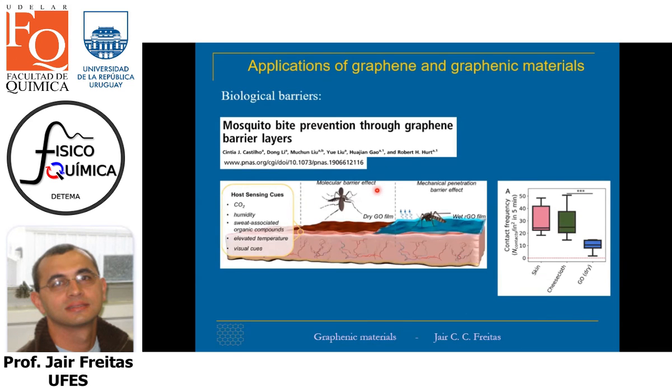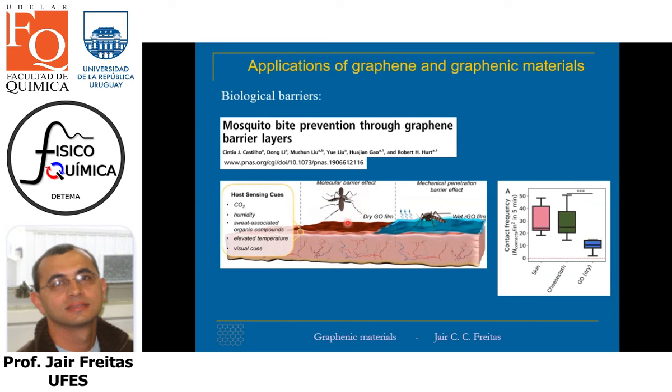This is a different type of application. It's an important application, especially in the region of Brazil where I live. There are a lot of mosquitoes over there. And these authors here showed that graphene oxide membranes can act as mechanical and biological barriers to avoid these insect bites. Depending on whether the film is wet or dry, the barrier can have just a mechanical effect, or it can have a biological effect, avoiding the passage of molecules that could attract the insect, the mosquito in this case.